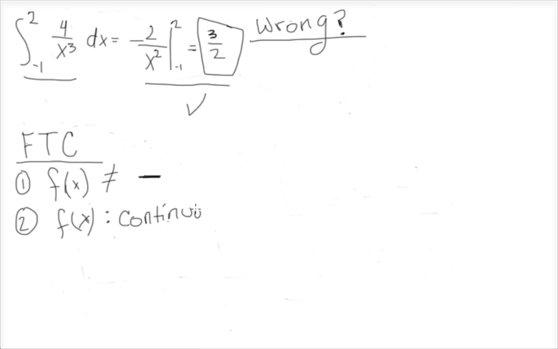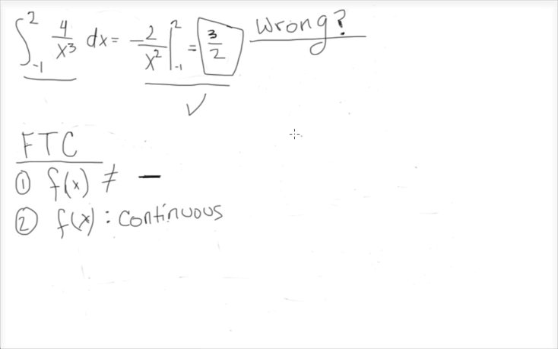This would be very important for this particular question because f of x must be continuous between its limits of integration. For us, the limits of integration are -1 and +2.